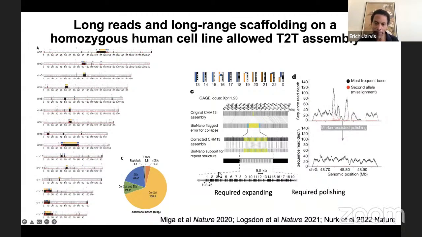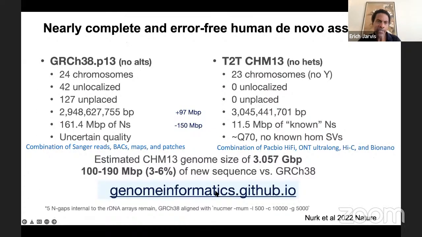So it's not just gaps that are a problem, but it's collapsing and switching of alleles that had to be corrected as well. And just to show some numbers here, there were 42 unlocalized segments of DNA, 0 in this T2T reference, 127 unplaced contigs or scaffolds, there's 0 here and so forth.